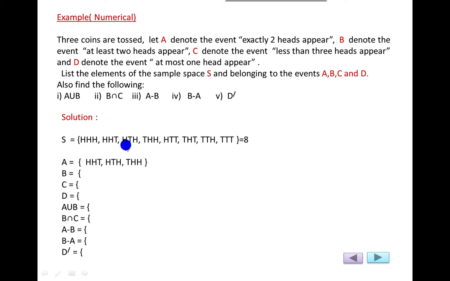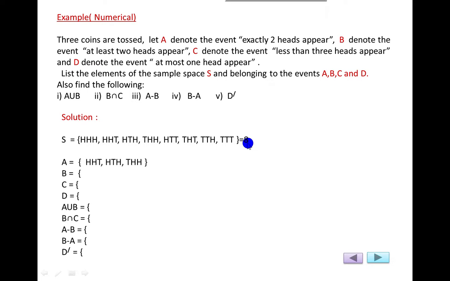So there are 3 outcomes with 2 heads and 1 tail. Now maybe 1 head, 2 tails. Change the position of the head. There are 3 also, with 1 head, 2 tails. And there is no head, 3 tails. In these 3, 1 head, 2 tails. In these 3, 2 heads, 1 tail. All possible outcomes are 8.